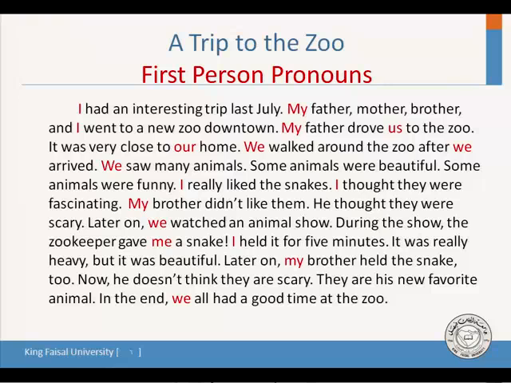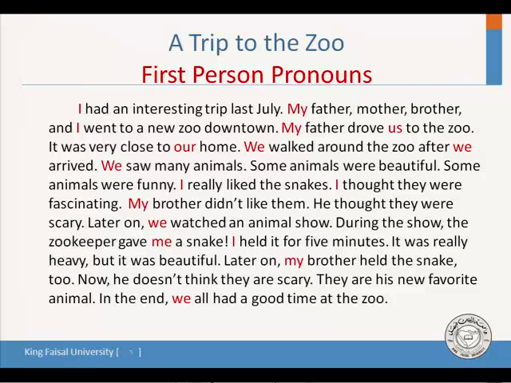Again, all the words that are written in red are first person pronouns, and we use them when we talk about personal experience, when we write a personal narrative like a story. This writer is talking about a visit he took to the zoo with his parents and brother.